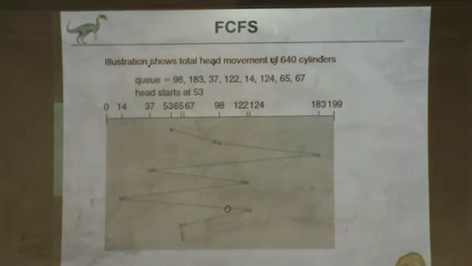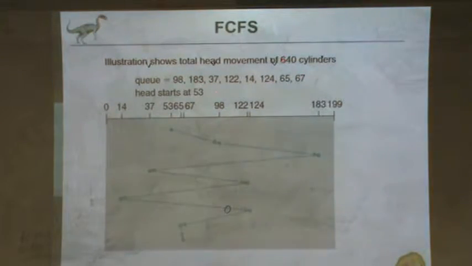So let's look at first come first serve. In the queue we have the locations of the data we want to read. That is the cylinder number. Because we do not consider the rotational latency, we don't have to worry about each sector, only the cylinder position or track position. Tracks at the same position are considered a cylinder, so the first is cylinder number 98, the next one is 183, and so on.